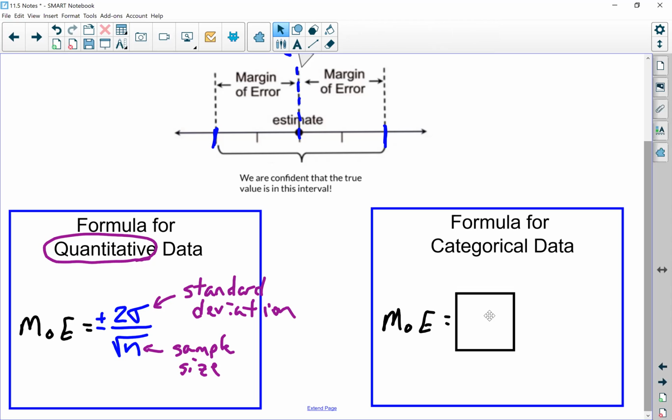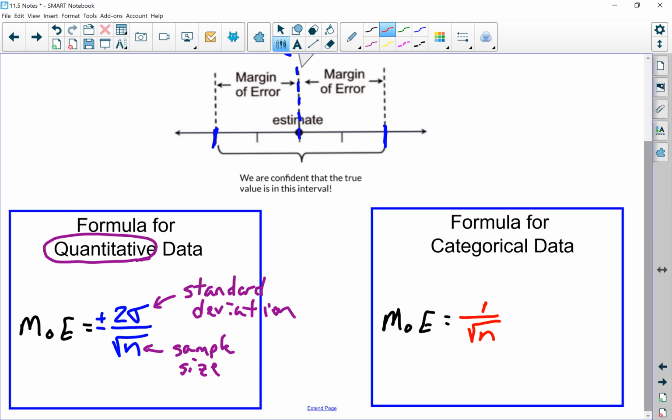For categorical data, this would be the number of people that prefer a certain candidate, the number of people that have a favorite color that's puce, things that aren't numeric. That is just 1 over the square root of n. And again, it's plus or minus. This is the sample size, n.